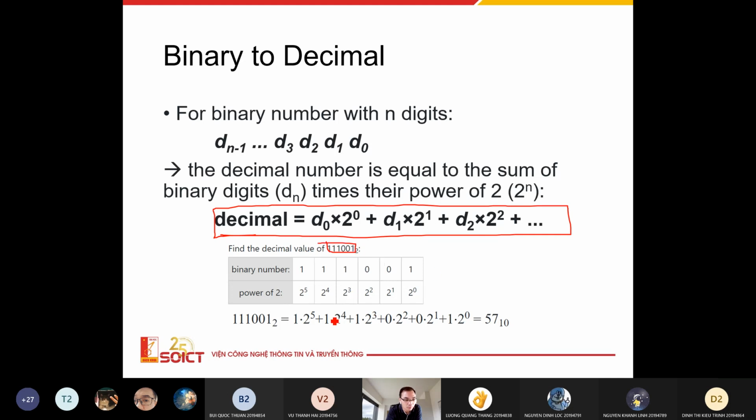For each digit, we multiply it by the corresponding power of 2: multiply 1 with 2 to the power of 0, and 0 with 2 to the power of 1, and so on. So finally we get the result 57, right, in decimal.